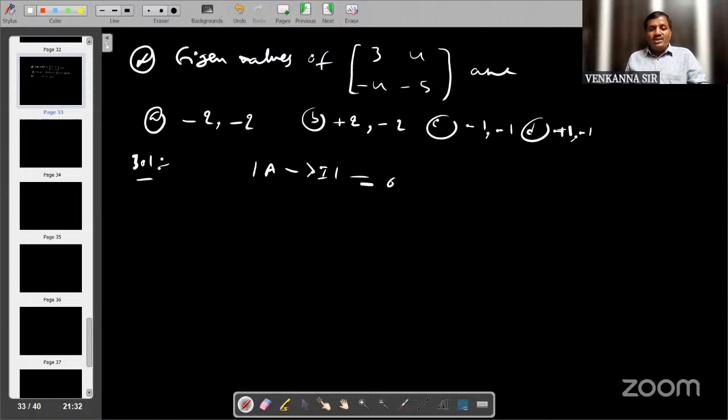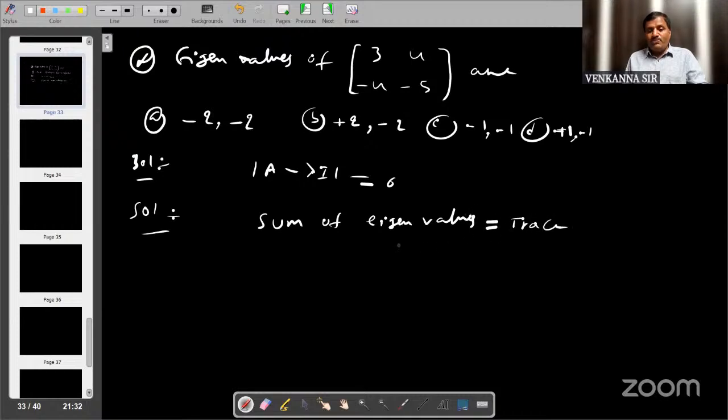Anybody tell me what is the answer? I will wait. Which option, A, B, C, D? What is the property I am going to apply here? Sum of the eigenvalues is the trace.